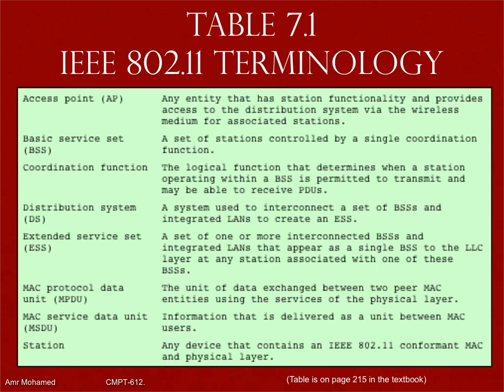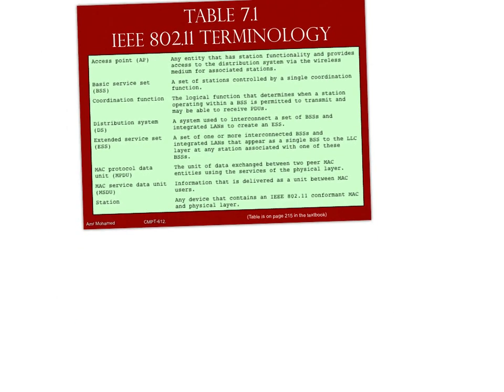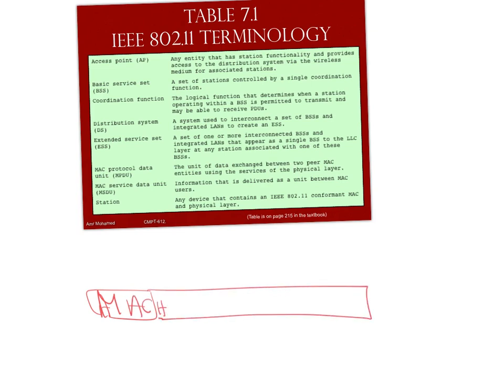Then, we have the MAC protocol data unit. The MAC protocol data unit here refers to the MAC header and the service message. This service message is what we call the service data unit. We have the MAC header, and we have the service data unit.